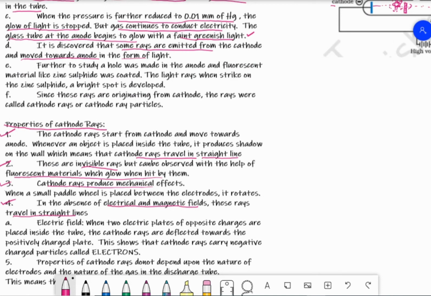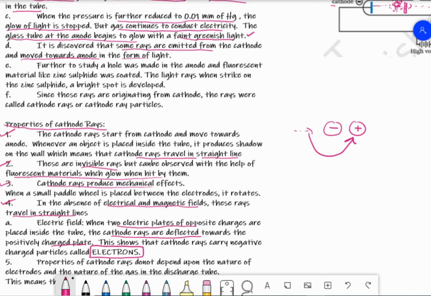When you apply an electric field with two electric plates of opposite charges, these cathode rays are deflected towards the positively charged plate, which means that cathode rays carry negative charge. So we call these negatively charged particles electrons.